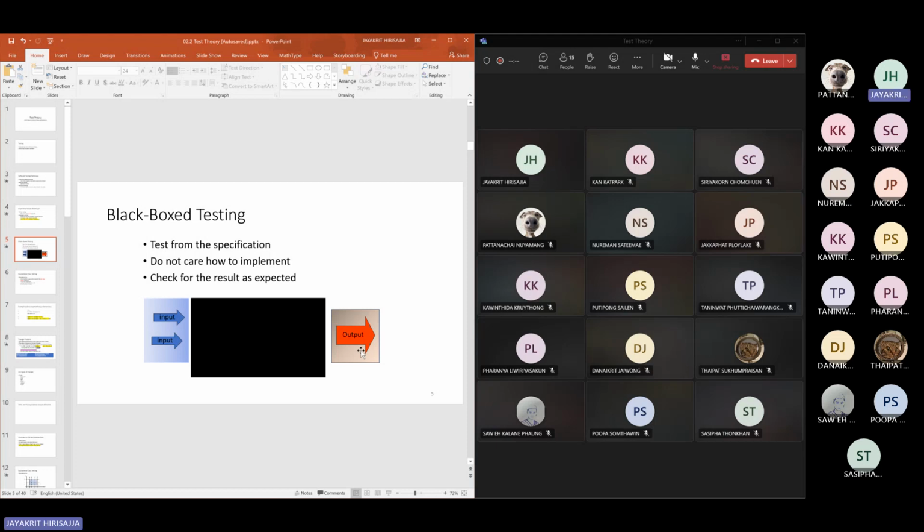If we have this kind of input, how can we decide whether it is enough for this kind of input testing to give out all the possible outputs that we expect?